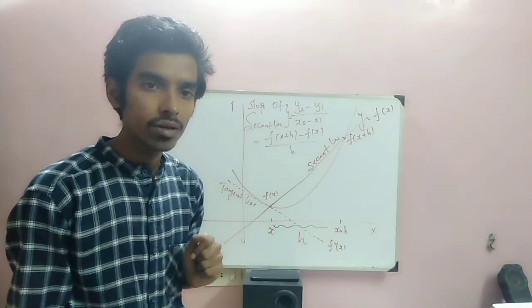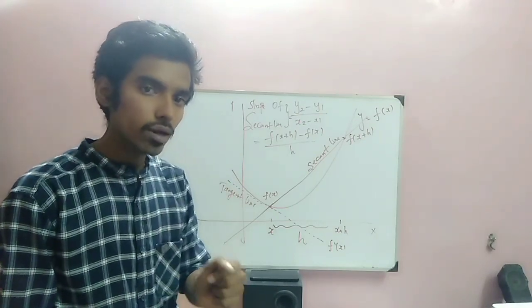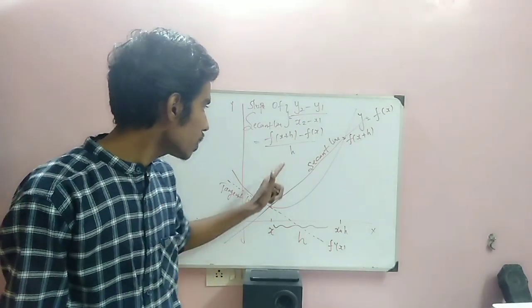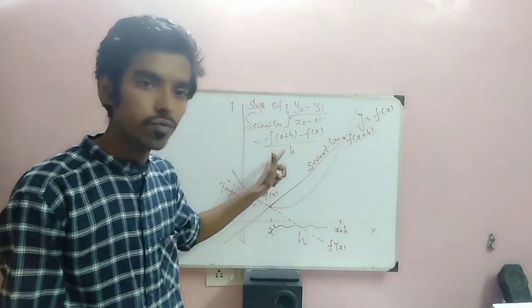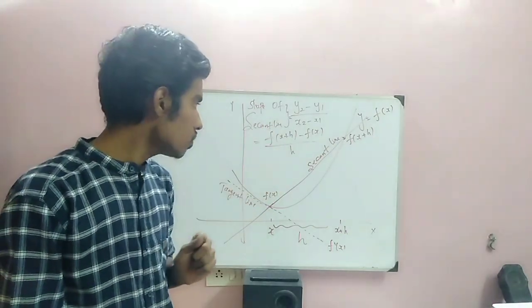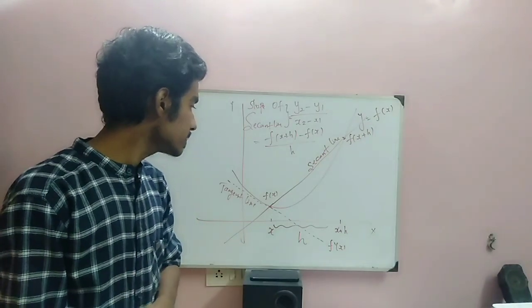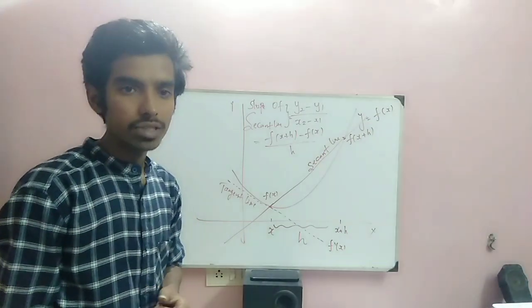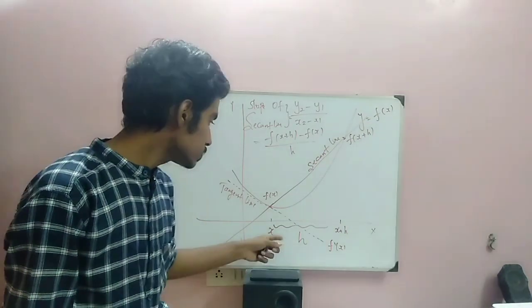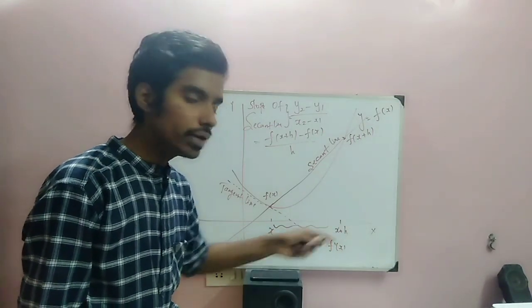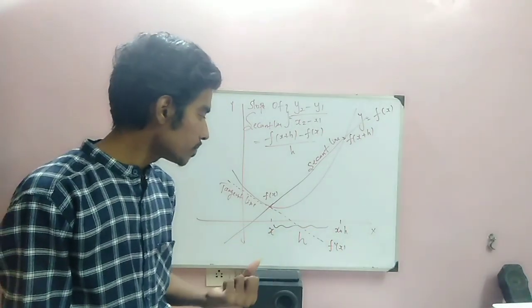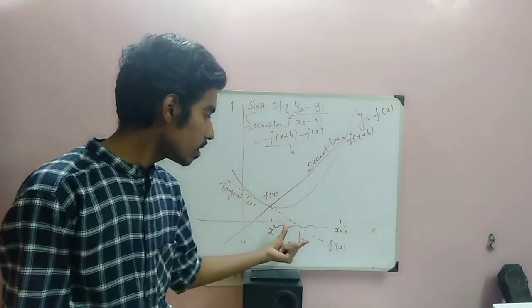But what is our aim? We need to find the slope for the tangent line, right? So far what we did is we have found the slope for the secant line. Now how can I find the slope for the tangent line? That is the main objective now. So I have chosen an arbitrary h, and this will be x plus h. So what will happen if I take h smaller than this?